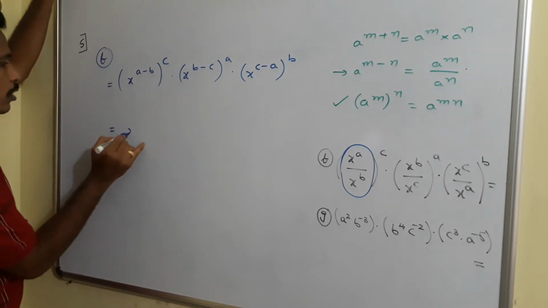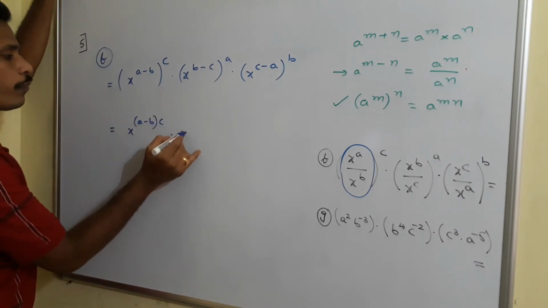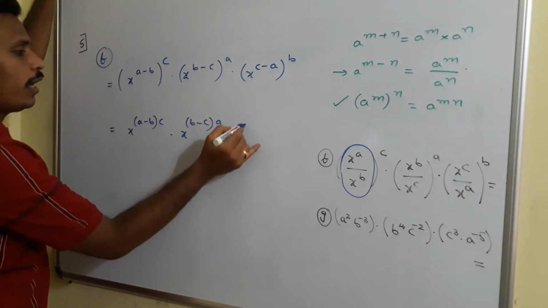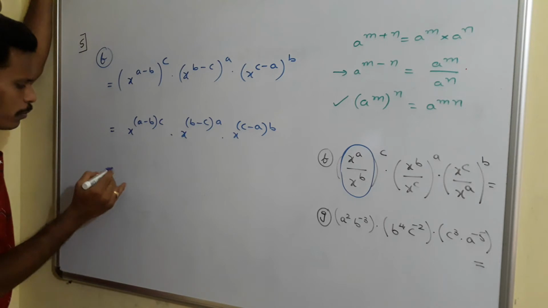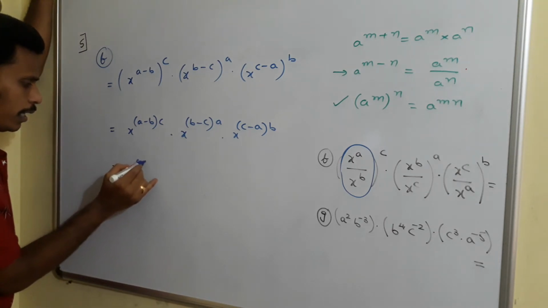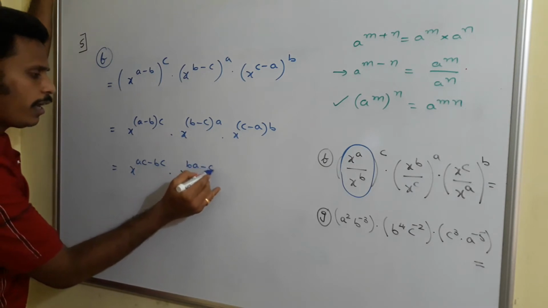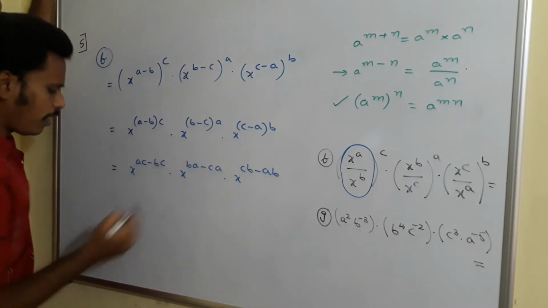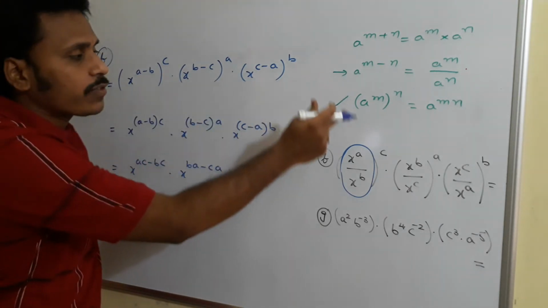So this is equals to x power a minus b into c into x power b minus c into a into x power c minus a into b. And now you just multiply x power ac minus bc into x power ba minus ca into x power cb minus ab.